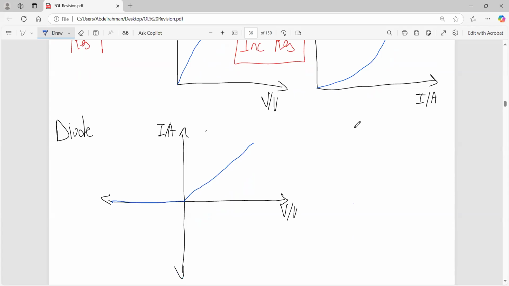Can we solve circuit questions? Yes, we can. Let's open up circuits 2, the last part of the circuits, and start to solve some questions.